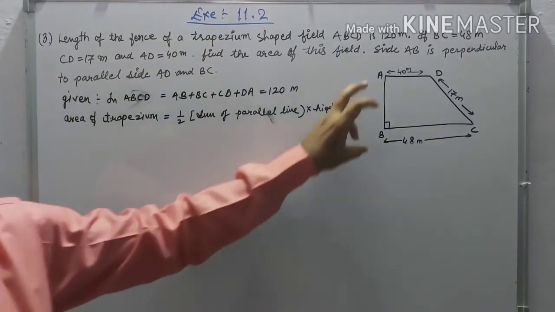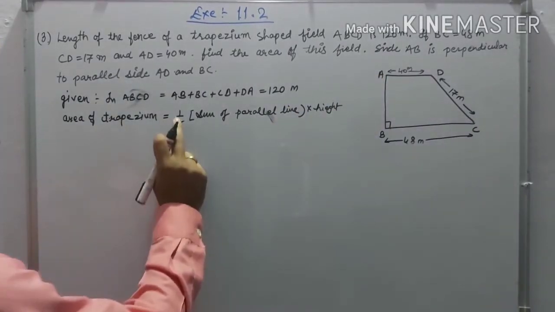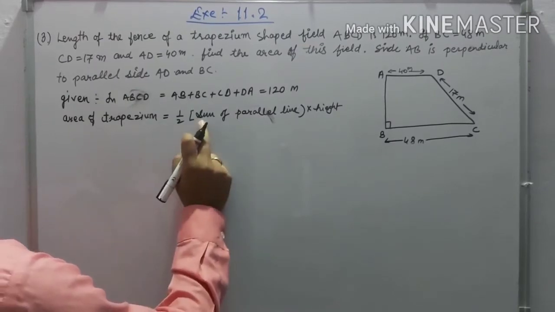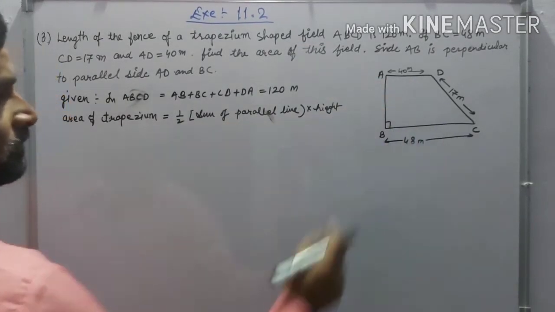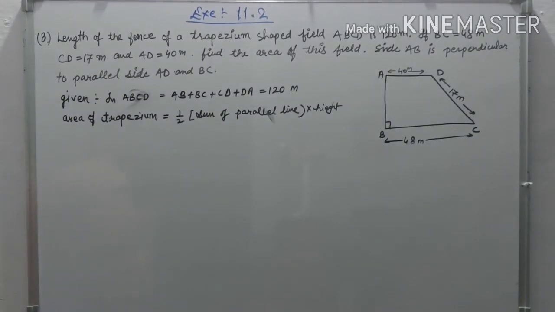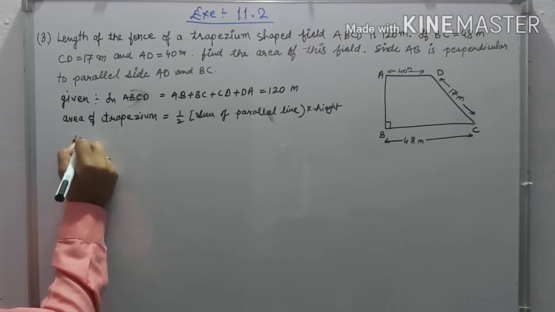Height is the distance between the two parallel sides. The 1/2 is no problem. The sum of the parallel sides is given, but the height is not given. So first you find the height.